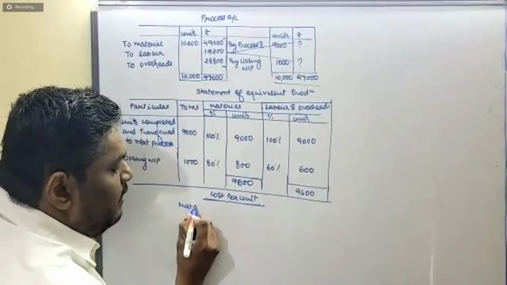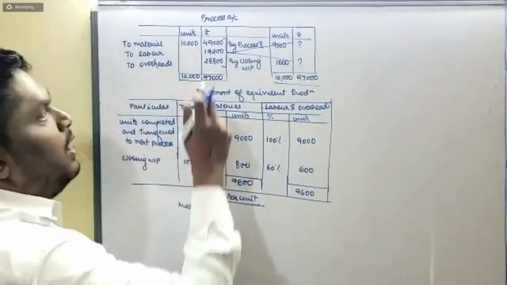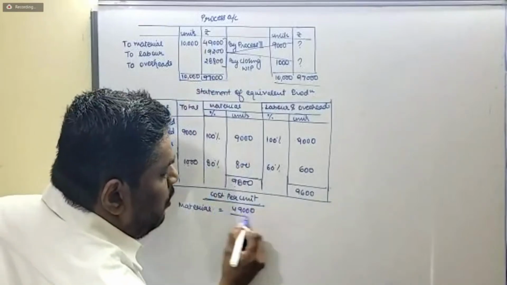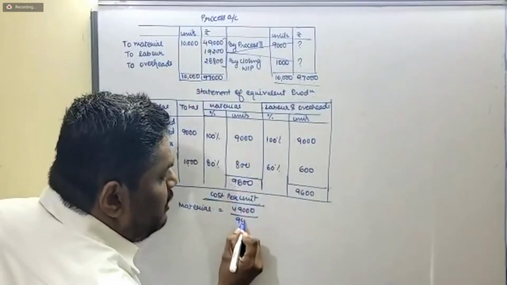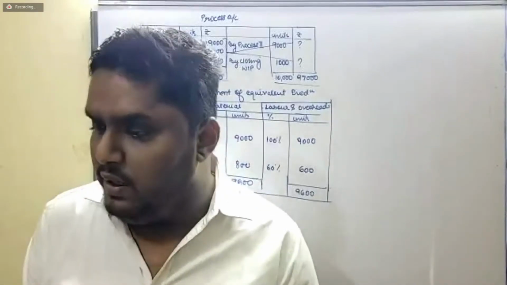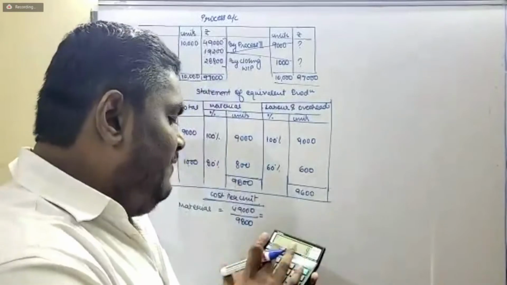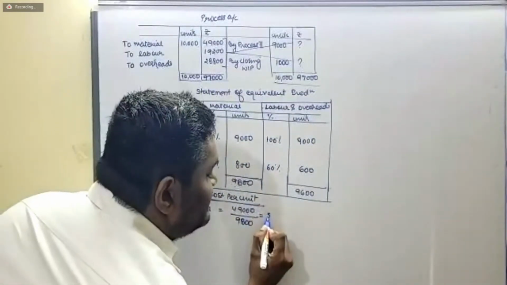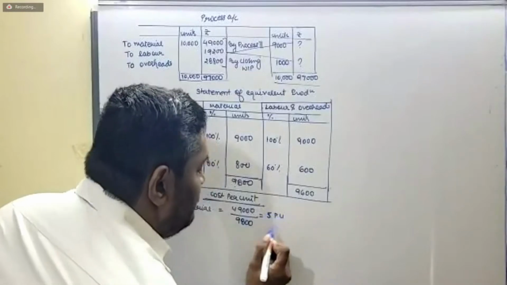First one is material. How much is the material cost? 49,000. What are the equivalent number of units? 9,800. So how much will be the cost per unit? It will be 49,000 divided by 9,800. That is rupees 5 per unit.